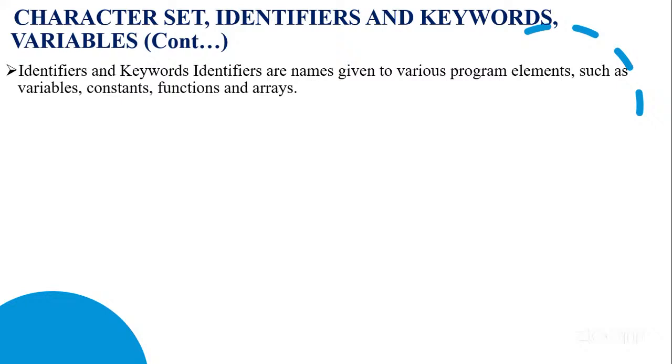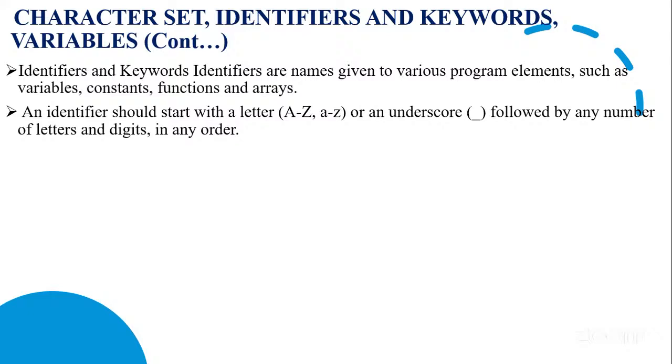How can you identify a variable? By using the variable name. How can you know a particular constant? By using the constant name or number. How can you know this is a function? By the function name. How can you know this is an array? By using the array name and symbol. So identifiers are names given to the program elements: variables, constants, functions, and arrays.